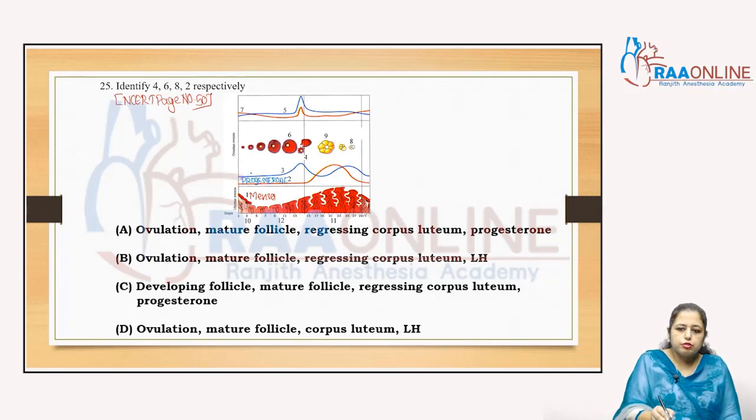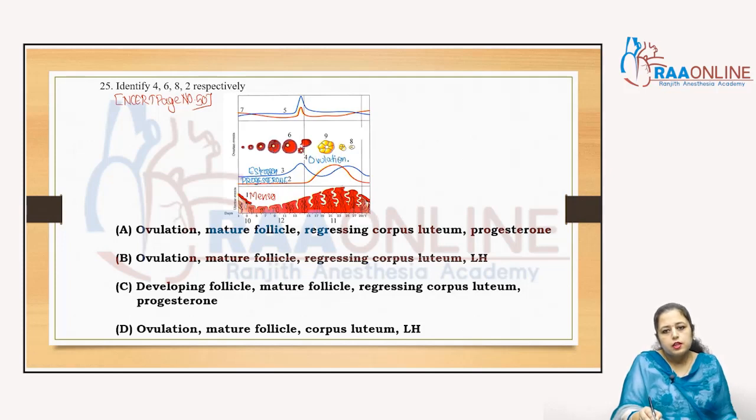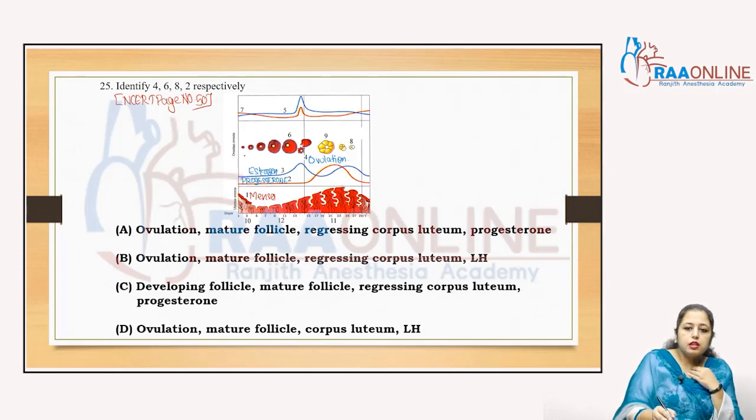That 3 shows the estrogen level, right? That 4th one shows the ovulation, that is the process, clear? That 6, these are called the developing follicles.